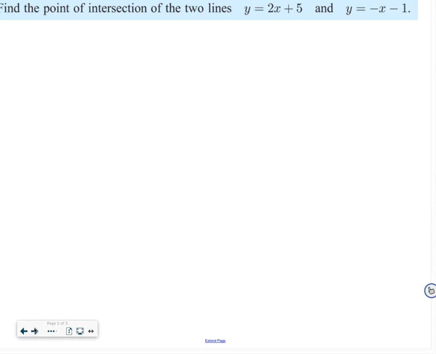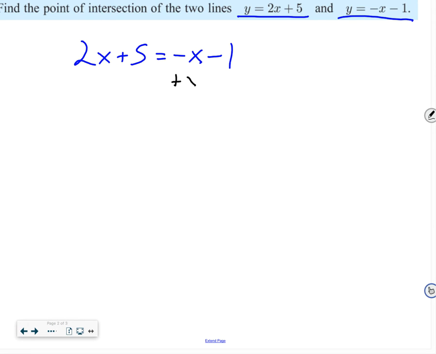All right, so again, we want to find the point of intersection of these lines, or the solution that satisfies both these equations. So by the transitive property, if y equals 2x plus 5 and y equals negative x minus 1, well then 2x plus 5 must be equal to negative x minus 1. Again, I'm going to choose to put my x's on my left side here to try and keep x's positive when I can.